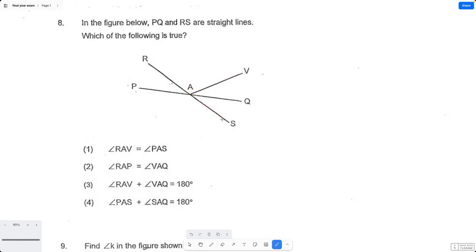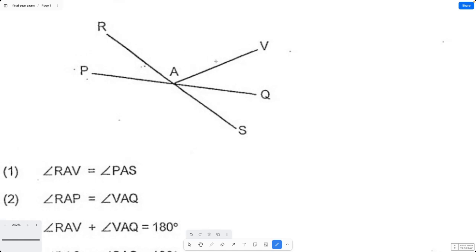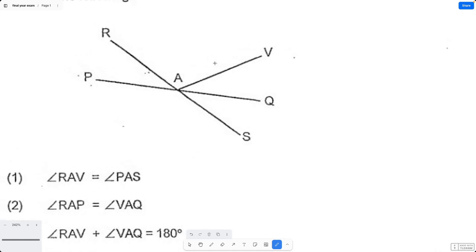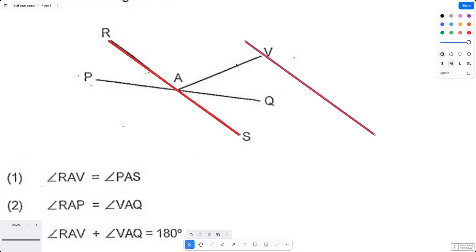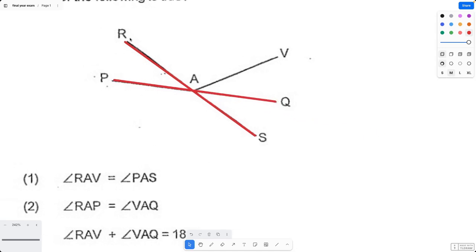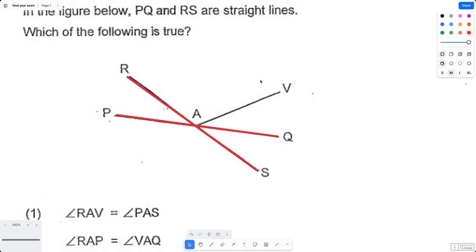Okay, so they have another line to distract us. So what we want to do is we want to have the different lines marked. Okay, so these are two straight lines. What they want to say is RAV, which is an additional line over here.